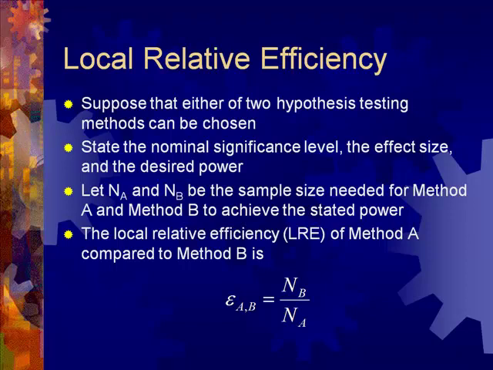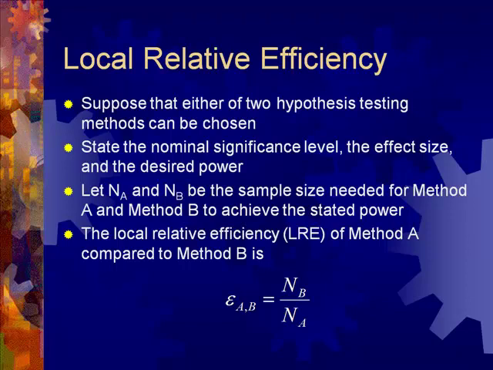Now, what makes this local is that we're here looking at a particular scenario, a particular distribution of data, a particular effect size, a particular significance level, and a particular power. Therefore, local relative efficiency would have to be calculated for every possible situation.